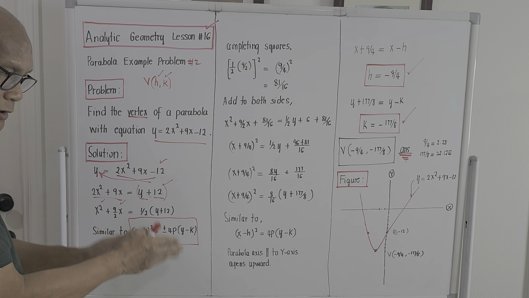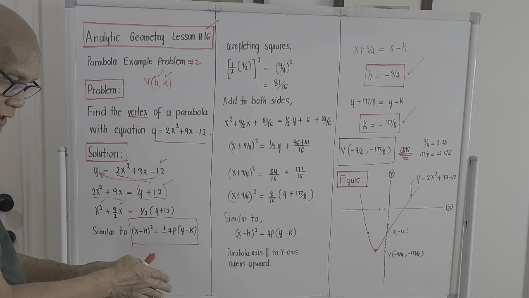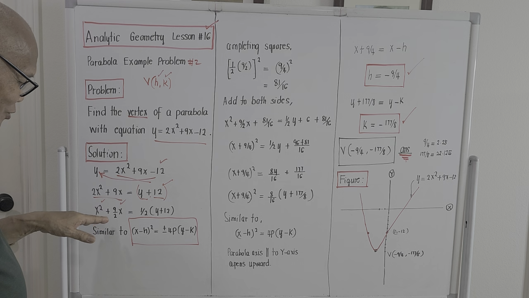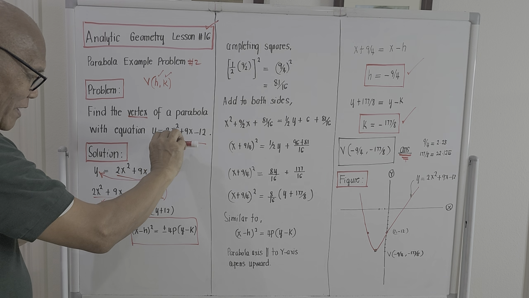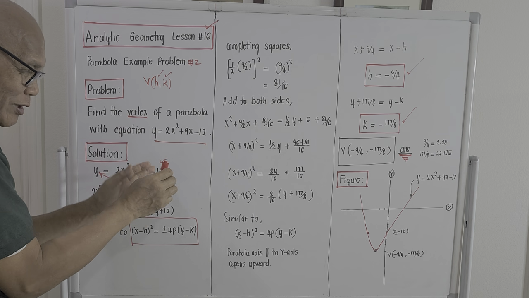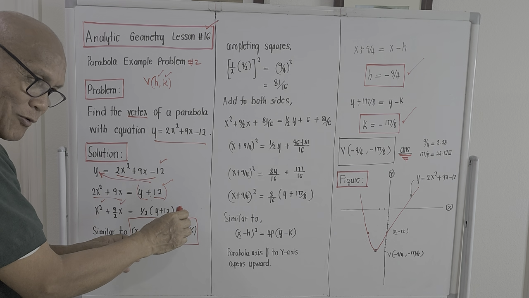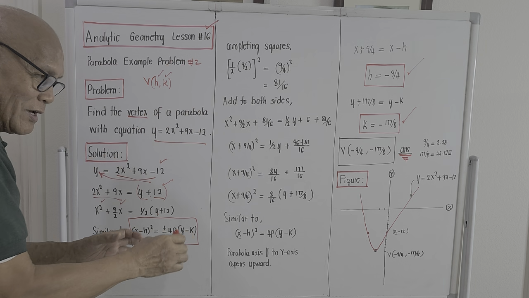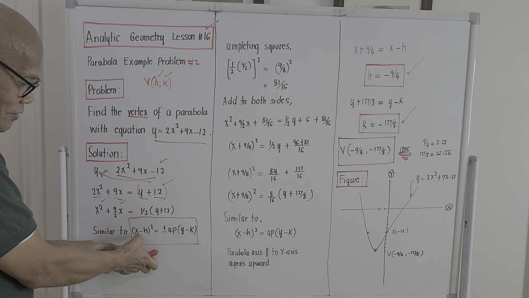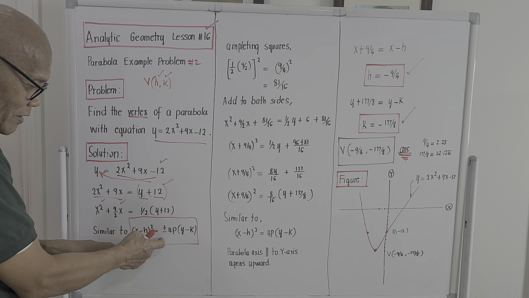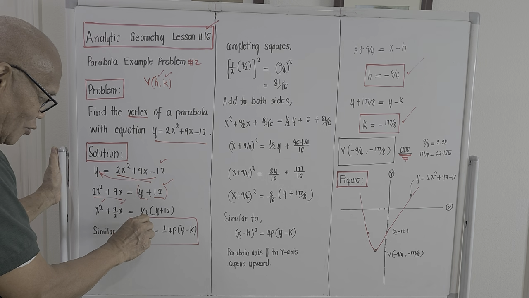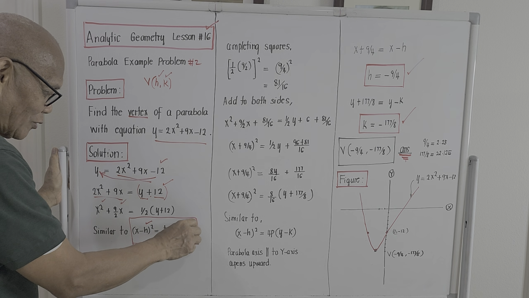For the meantime, we do not know the direction of the parabola. Will it be upward or downward? Because for this one here, for one value of y, there will be a value of x to the left and to the right. So it could either be that the parabola will open upward or downward. So for the meantime, I just say similar to the quantity x minus h quantity square equal to plus or minus 4p times the quantity y minus k. And the problem is just asking what will be h and what will be k.